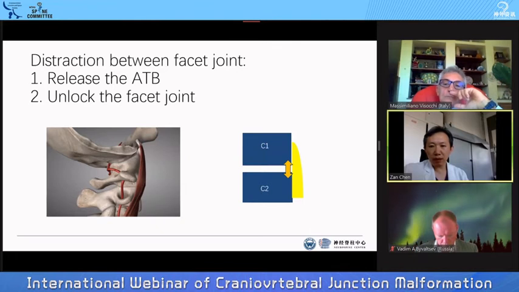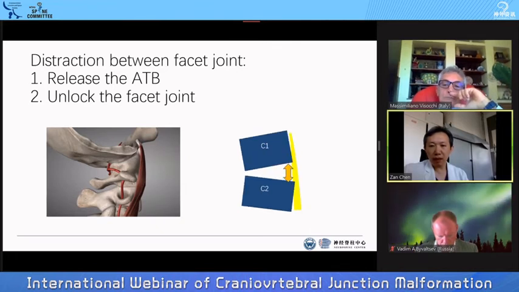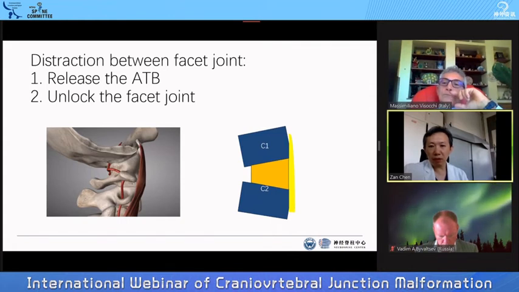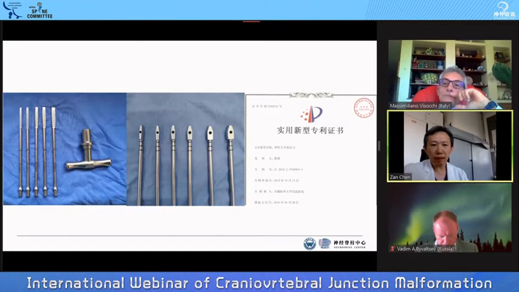When we distract between the facet joint, we can release the locked facet joint and also release the anterior tendon band, and then we put a cage in the facet joint to keep the reduction stable. To release the facet joint, we have designed several instruments to help us.